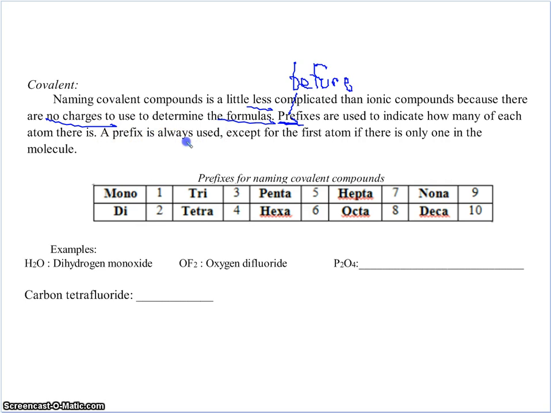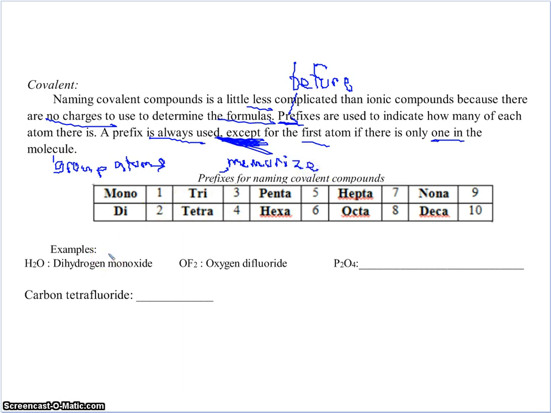A prefix is always used except for the first atom if there's only one in the molecule. And I remember a molecule is a group of atoms. And then I guess these are all the prefixes, which you really need to memorize. You won't be given them.